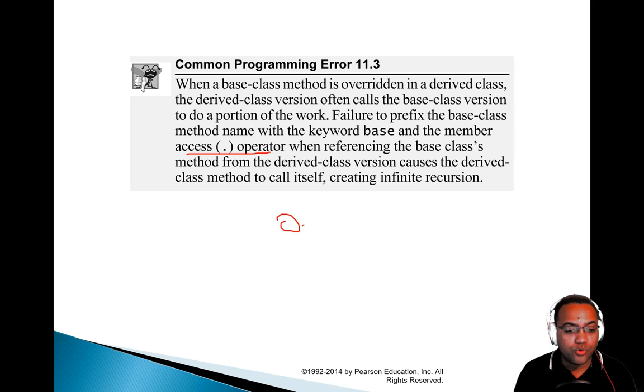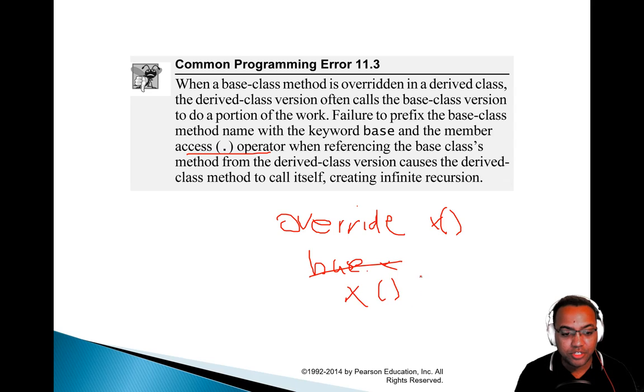Well, if you're overriding a method, so you normally override a method when you want to kind of use the same thing. So override x. But I mess up and I don't say base.x in here. I actually just said x. What I'm essentially doing is calling this method over and over and over again. Because what's going to happen is it's going to run.